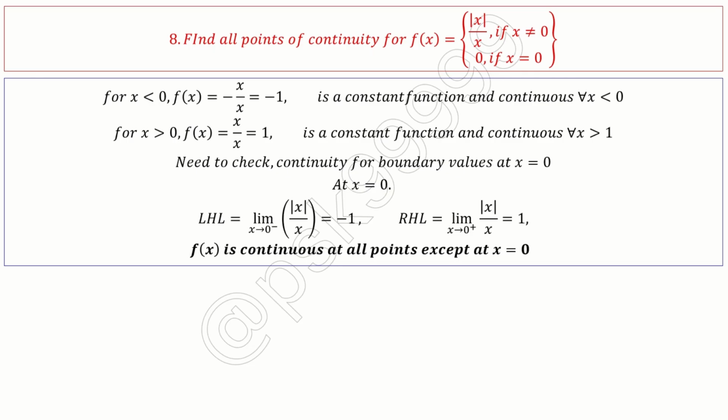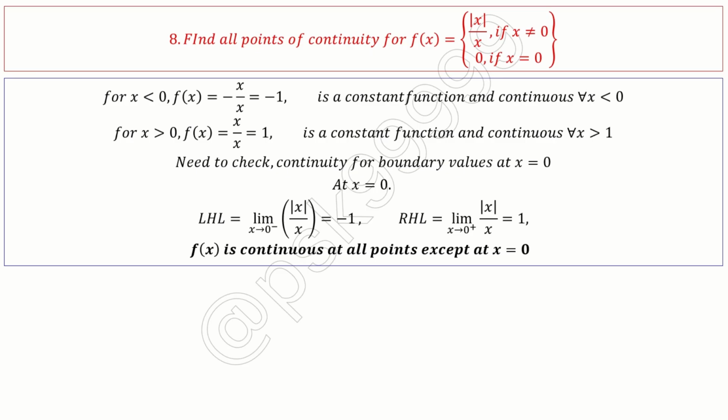So let's see. For x less than 0, f of x is nothing but minus 1. This is a constant function and continuous for x less than 0. For x greater than 0, we know that it is x by x, which is 1. This is also a constant function, continuous for x greater than 0. Now we need to check at the boundary condition, which is x equal to 0.